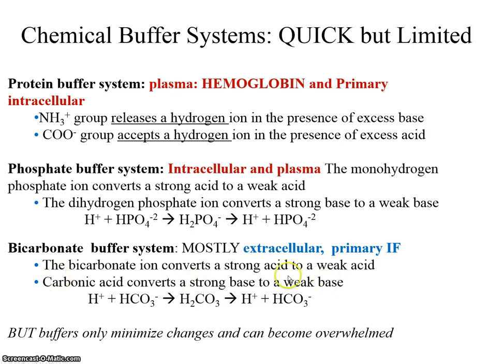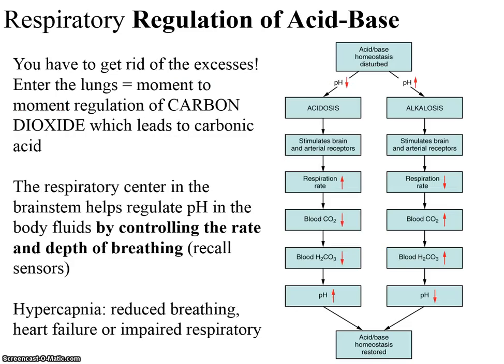And if you are in a situation where you are highly basic, the carbonic acid can release a hydrogen, converting a strong base to a weak base. But the take home is, again, the buffers only minimize the changes in pH. They do not get rid of the acids and bases, and they can be exhausted by the number of ions.